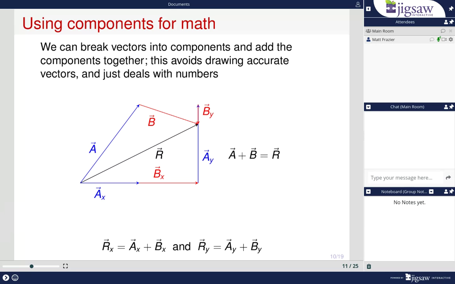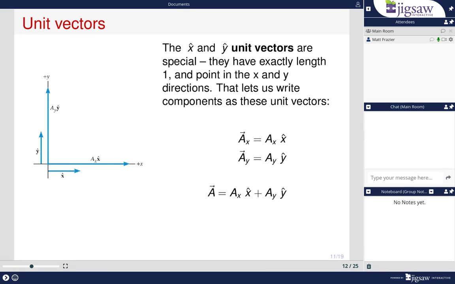This is useful because sometimes you can set the problem up where you're just dealing with numbers. You don't care about drawing this thing out. You don't necessarily need to position A and B and make a drawing like this. You can just find the components and do the math on it.